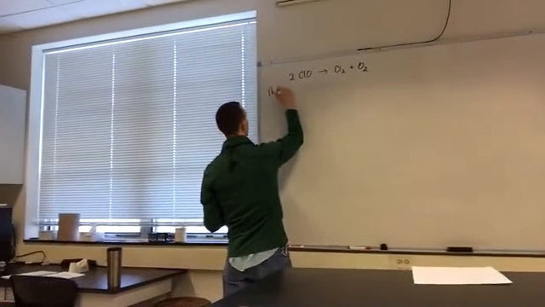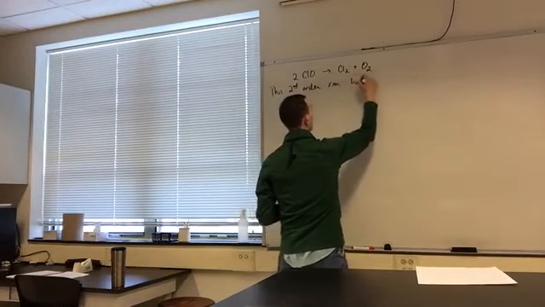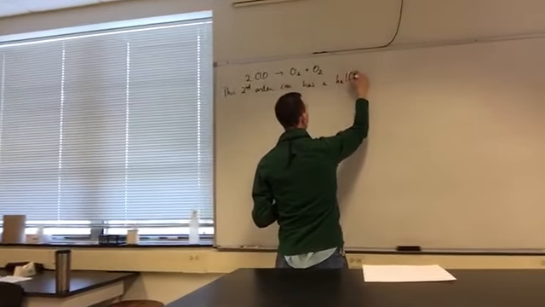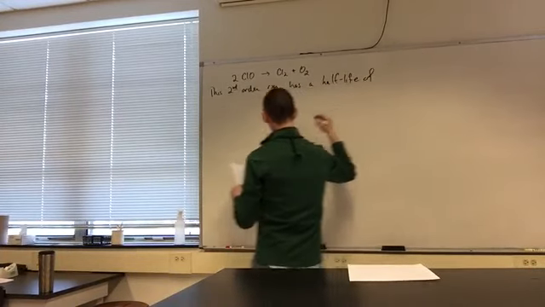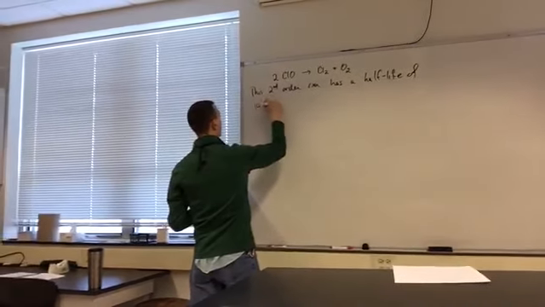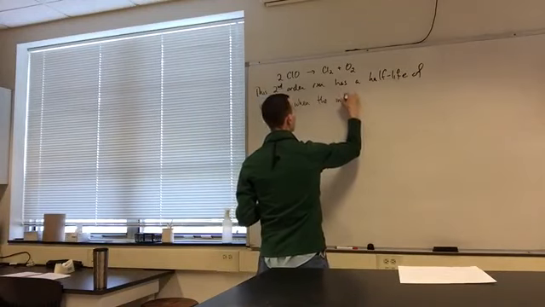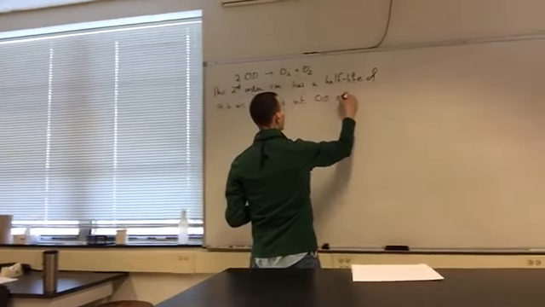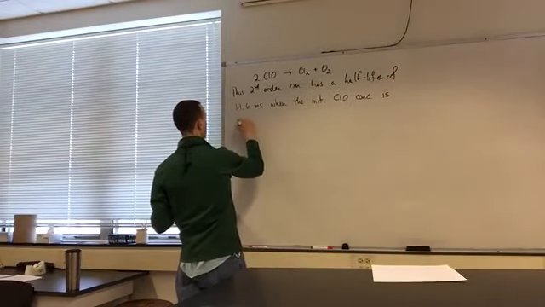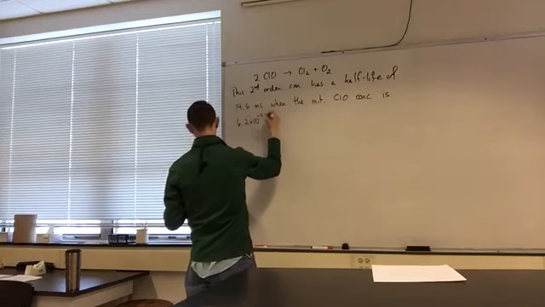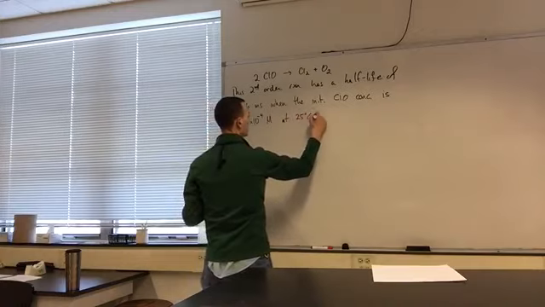This second order reaction has a half-life of 14.6 milliseconds when the initial ClO concentration is 6.2 times 10 to the minus 4 molar, okay, at 25 degrees Celsius.